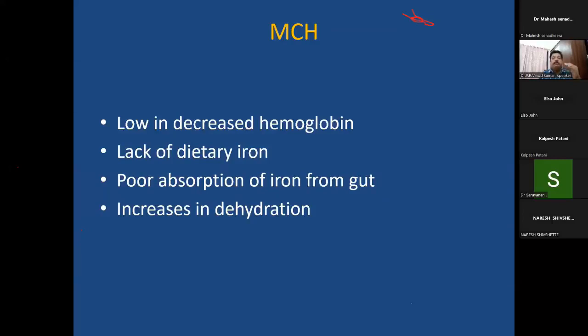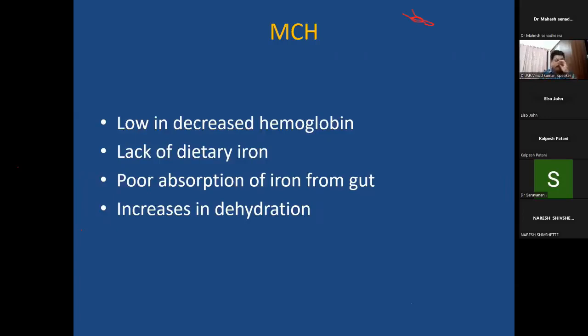MCH decreases in hemorrhagic anemia and iron deficiency anemia due to lack of dietary iron. But iron deficiency anemia is not so common. Maybe in dogs it can also happen, maybe poor iron absorption from the gut. That can happen.